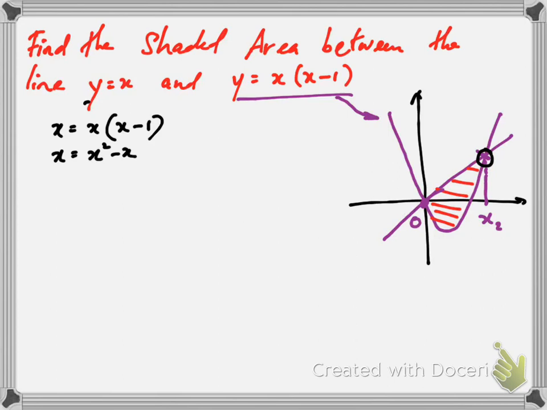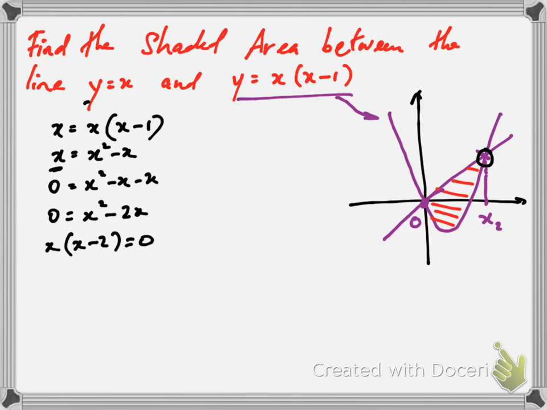If you take this x to the right hand side, you get 0 equals x squared minus x minus x, which gives 0 equals x squared minus 2x. If you factorize this, you end up with x into x minus 2 equals 0. Therefore the solutions are 0 and 2.